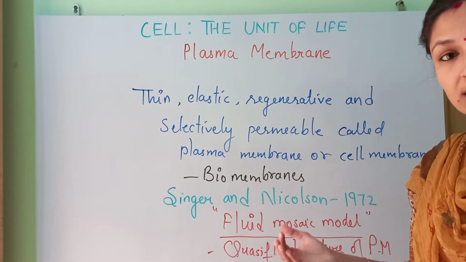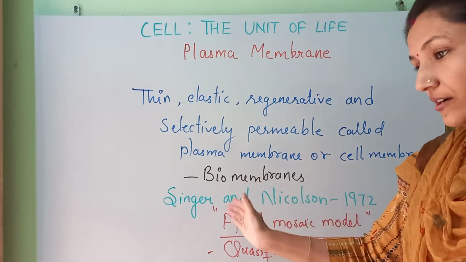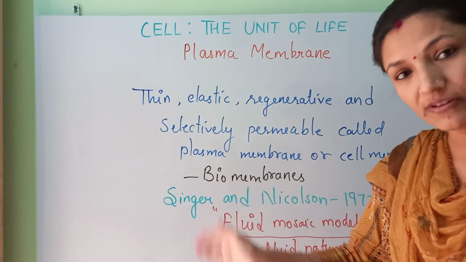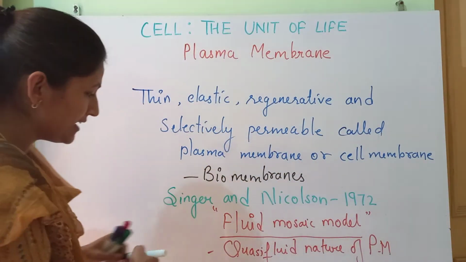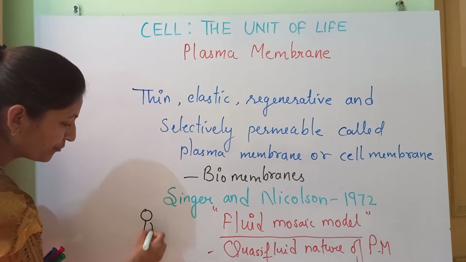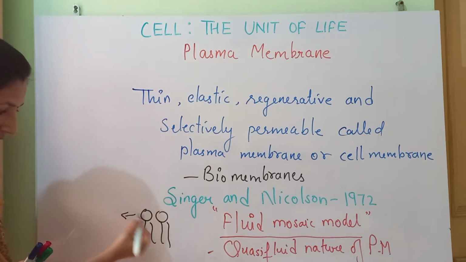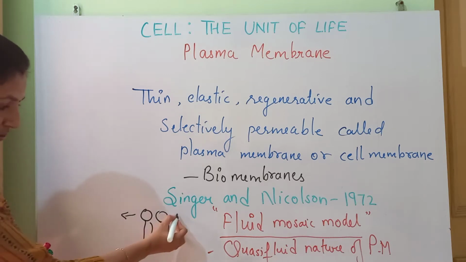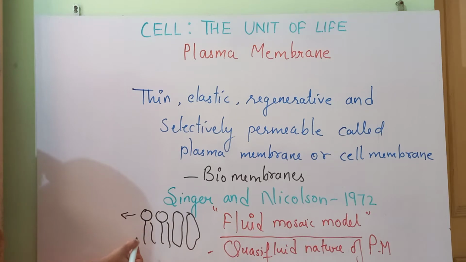Translational movement is done with the help of the moving molecules of lipid. Meaning what? The molecules of lipid are able to move. If they are moving in this way, the proteins are also going to be moved.